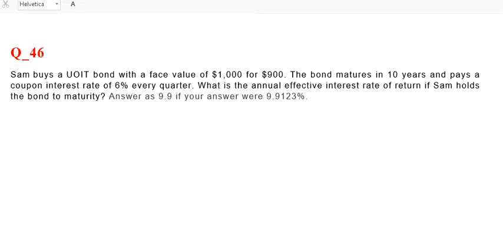Question 46. Sam buys a UIT bond with a face value of $1,000 for $900. The bond matures in 10 years and pays a coupon interest rate of 6% every quarter. What is the annual effective interest rate of return if Sam holds the bond to maturity?